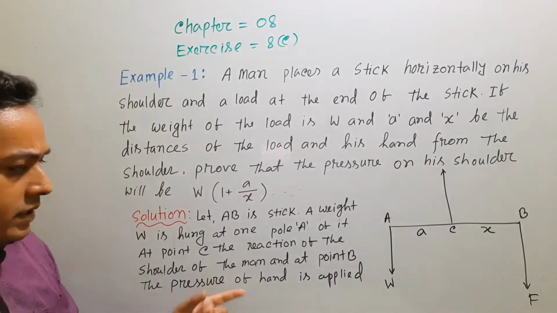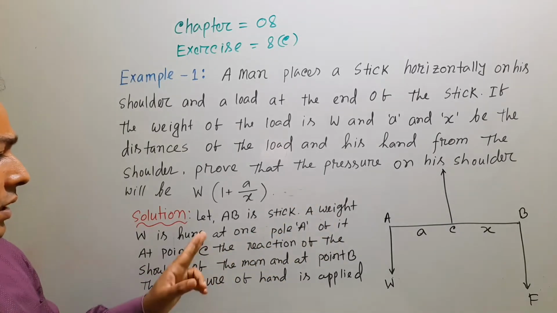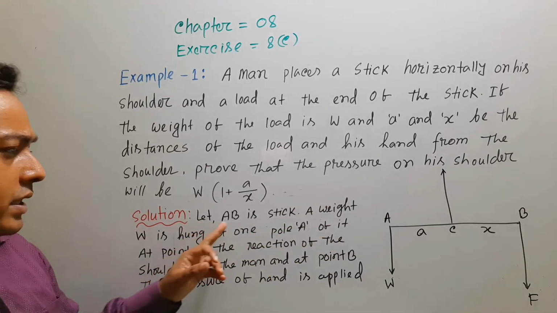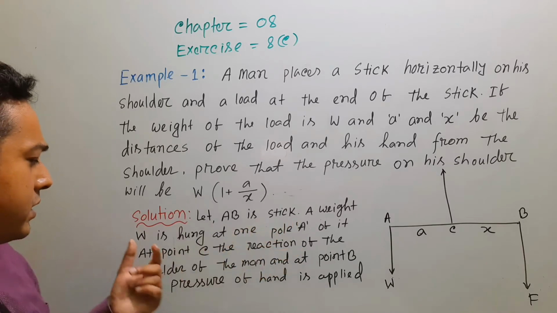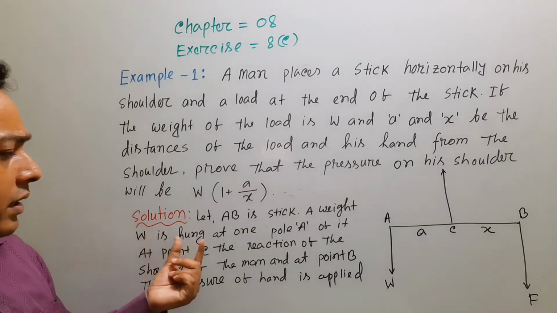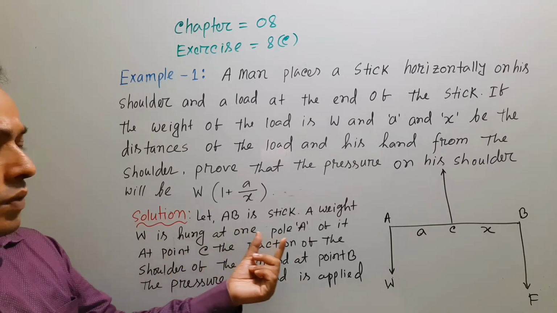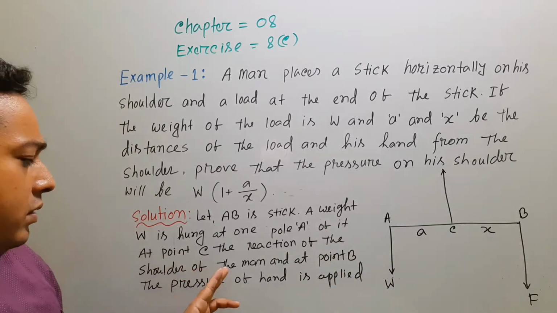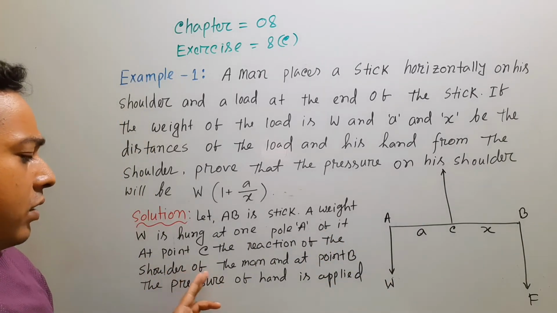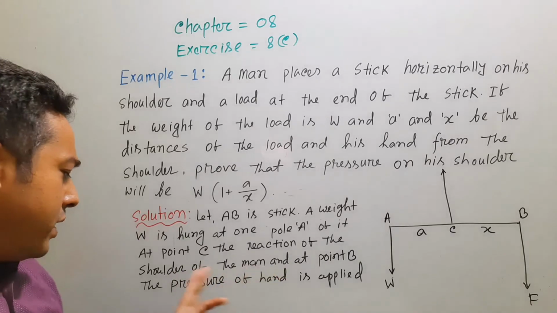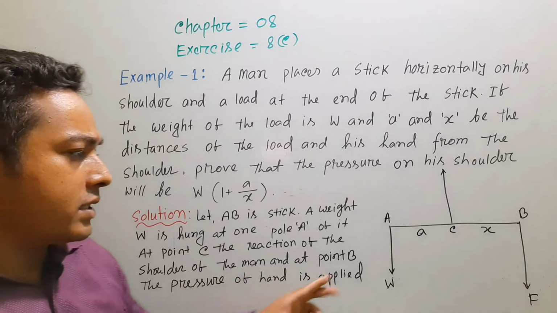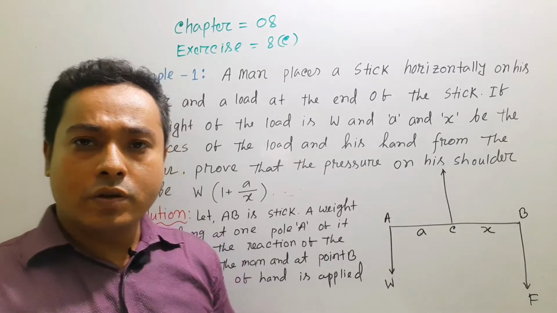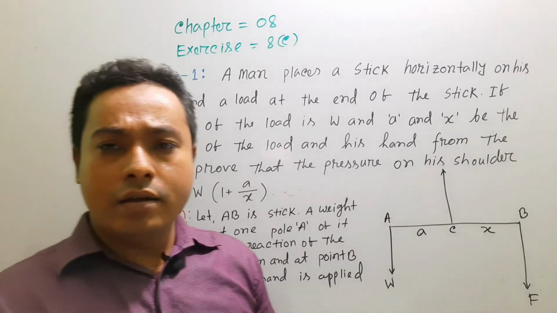Here the description of this question is: let AB be the stick, a weight W is hung at one end A of it, at point C is the reaction of the shoulder of the man, and at point B the pressure of the hand is applied. So now we want to apply the formula.